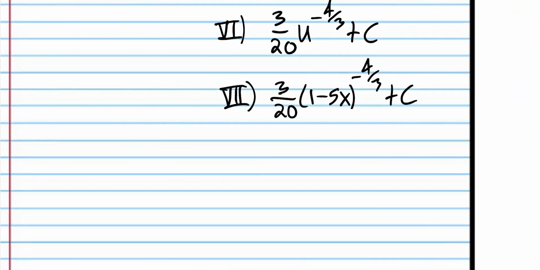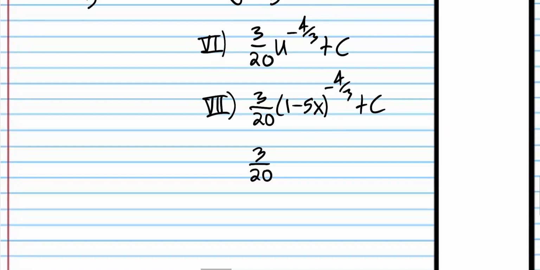So that's why we have to write the family of antiderivatives without negative fraction exponents. So that's going to come down and become the cube root of 1 minus 5x to the 4th power.